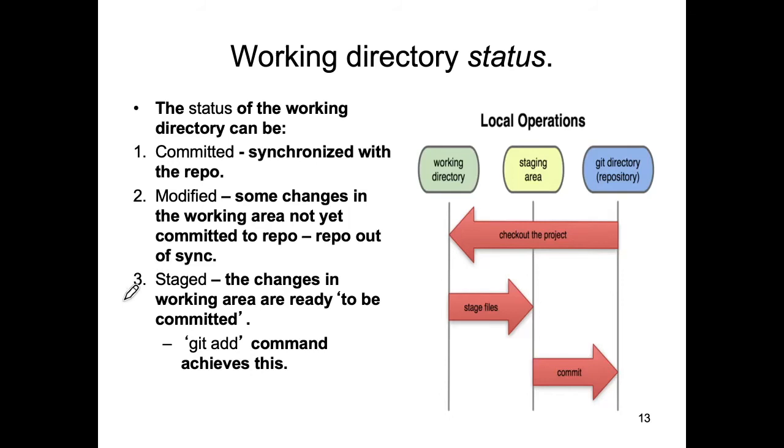You haven't committed them yet, but you have told Git that you have made some edits to those particular files. So it knows that you have files that you have modified. Git knows that, but you haven't actually committed them yet to the repository. So if that's the situation, we would say that our working directory is in a staged state.